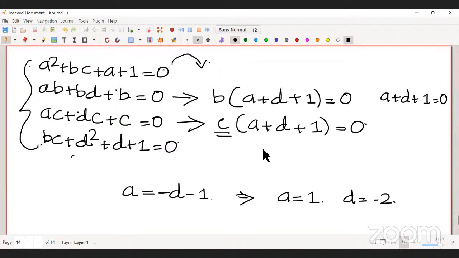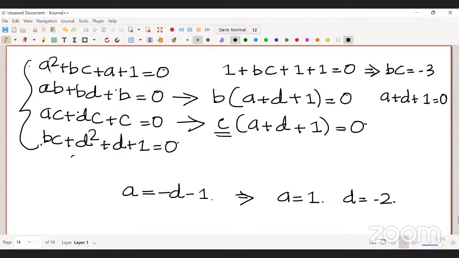Now substitute the value of A in your first equation. What will you get? 1 plus BC plus 1 plus 1, so BC is equal to -3. That means BC equals -3, right?